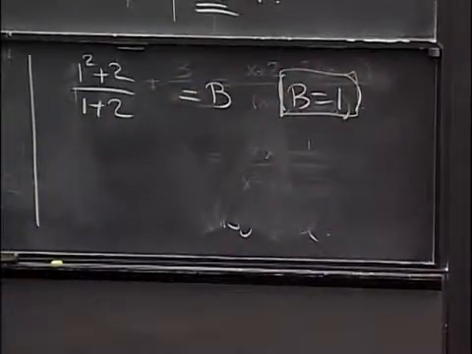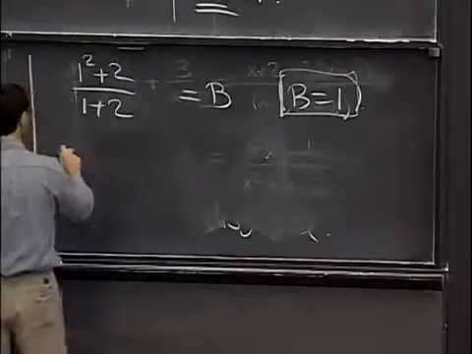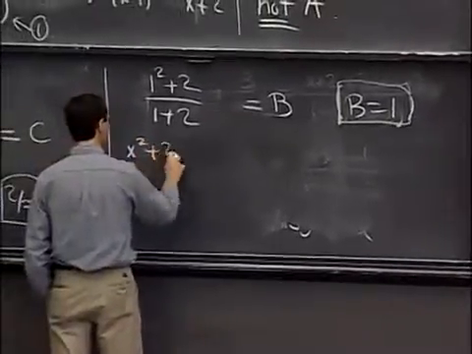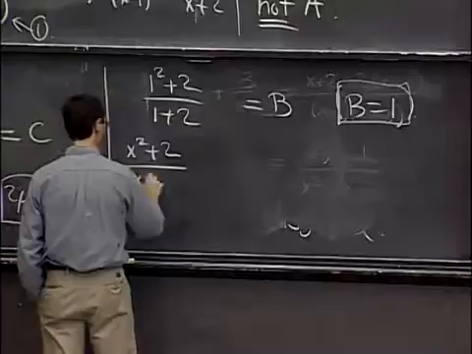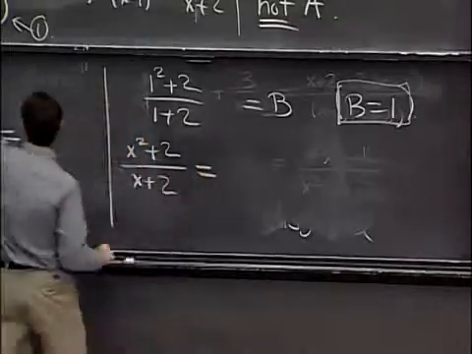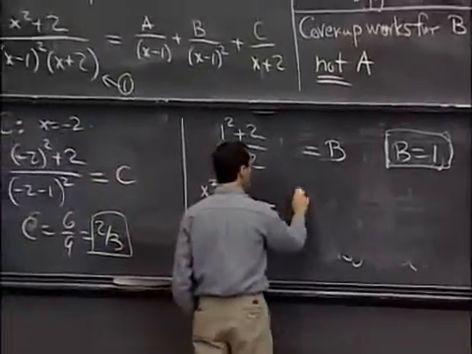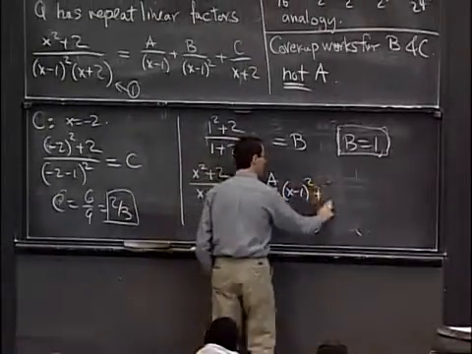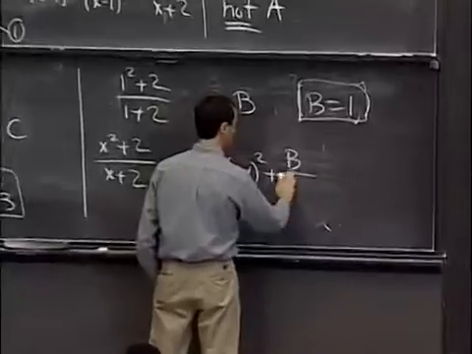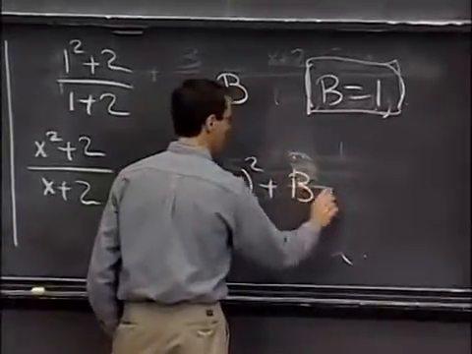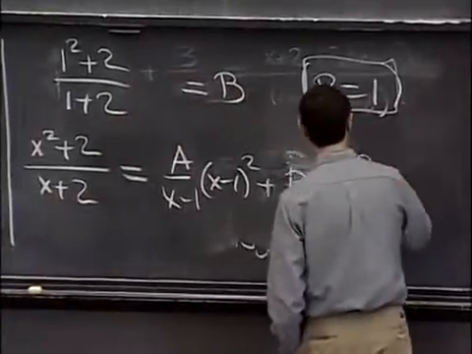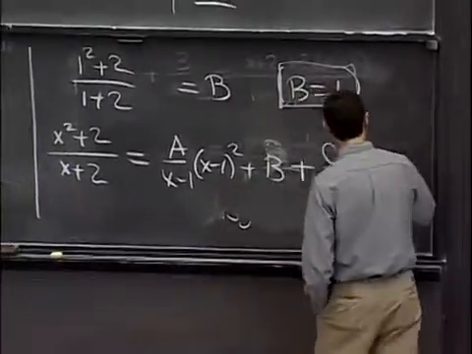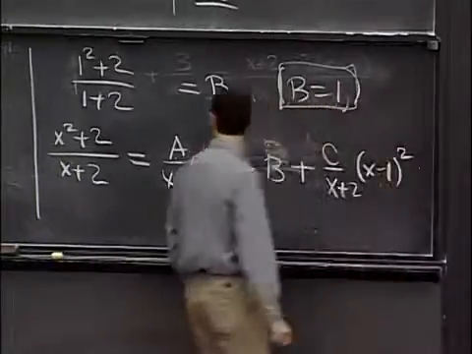Now, that was pretty fast, so let me show you what algebra was hiding behind it. What I was really doing is this, multiplying through by x minus 1 squared, so I got this. So this canceled here, so this b just stands alone, and then I have here c x plus 2 x minus 1 squared.